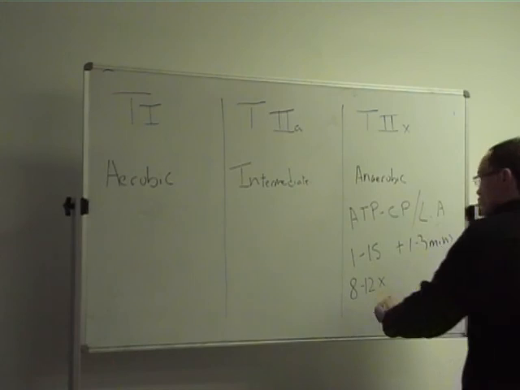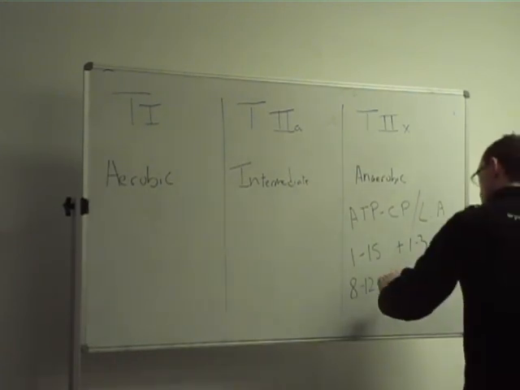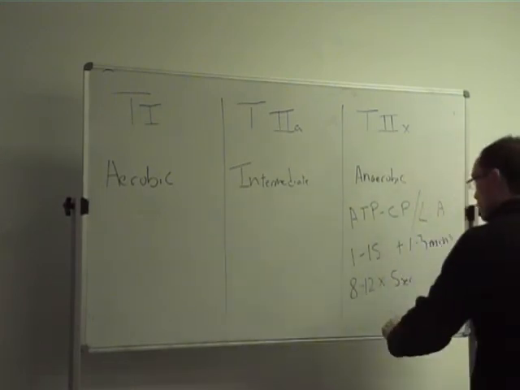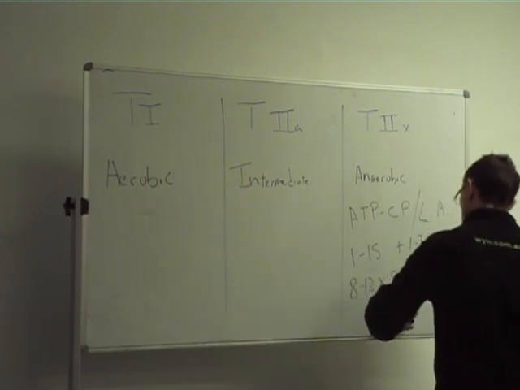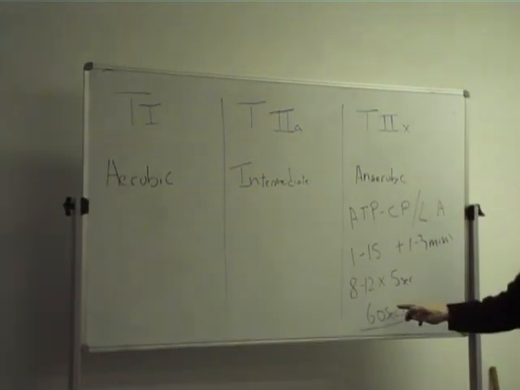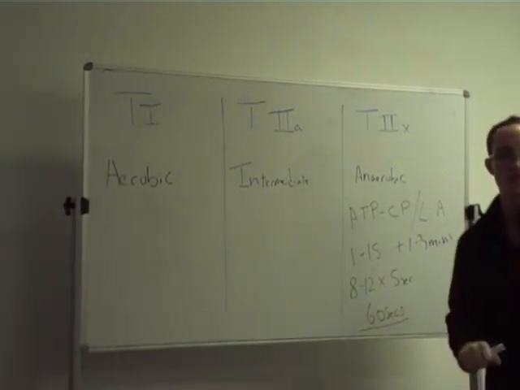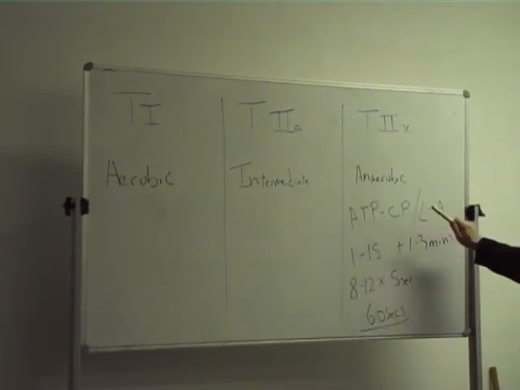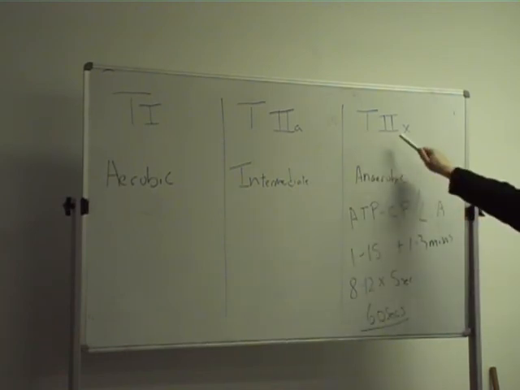If each rep takes about 5 seconds, then 8 to 12 times 5 seconds gives you around 60 seconds of muscular contractions. Now that all links in nicely to the energy systems, because the ATP-CP lactic acid system is working nicely. There's our 60 seconds, there's our type 2X.